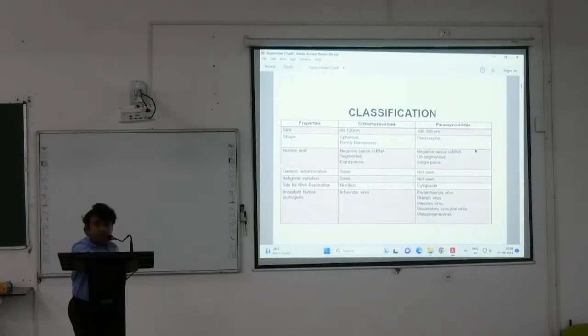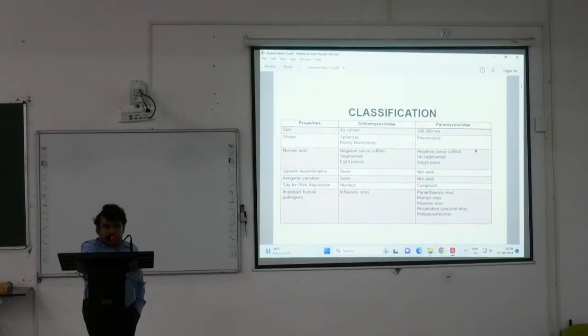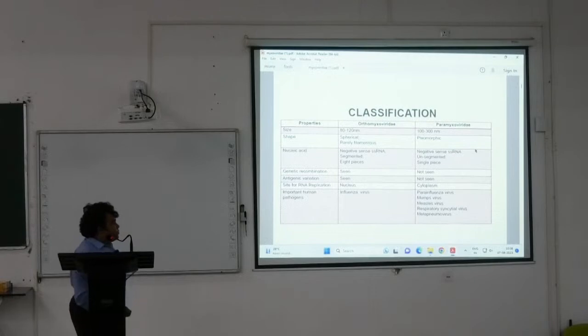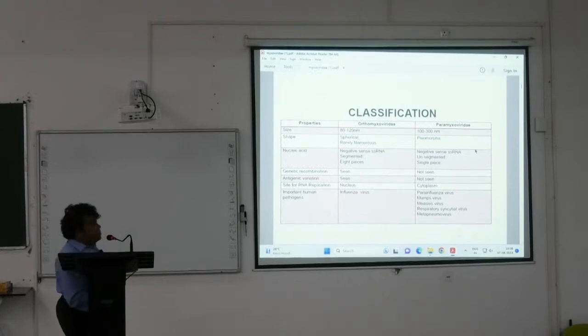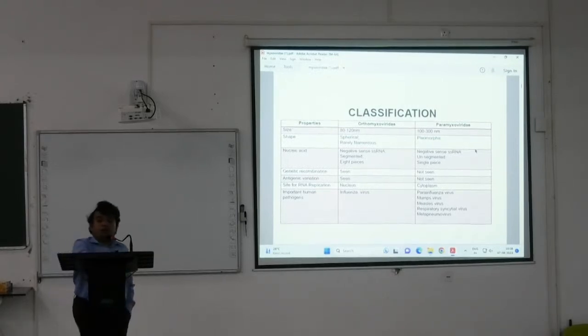Another important differentiation is these two points: genetic recombination and antigenic variation. These two phenomena are seen with orthomyxoviridae but not associated with paramyxoviridae. Now let us see the main organisms over here. In orthomyxoviridae, the main important organism is influenza virus.